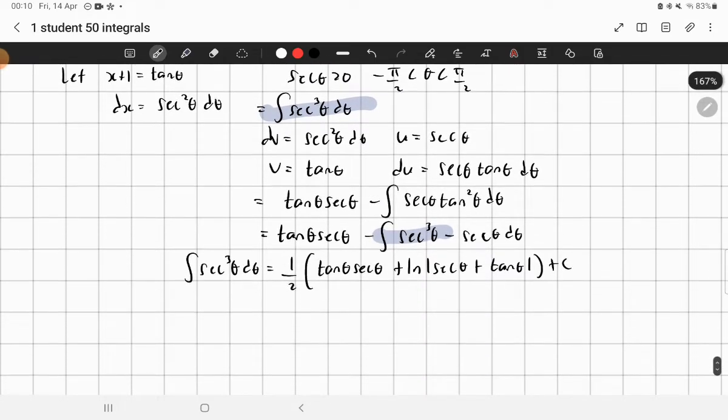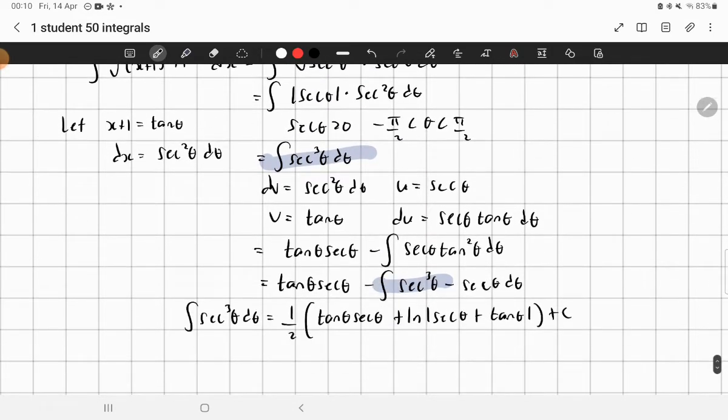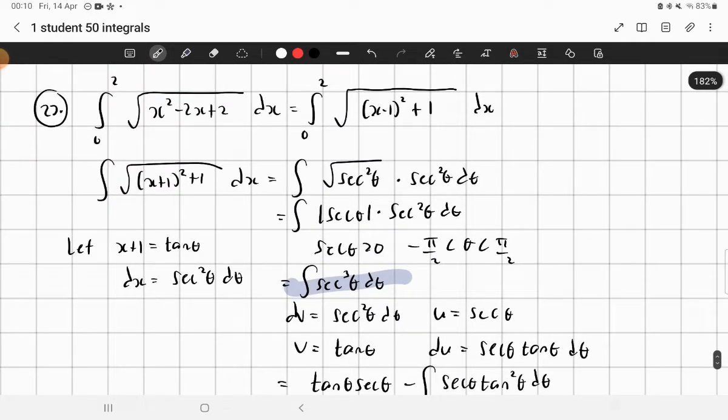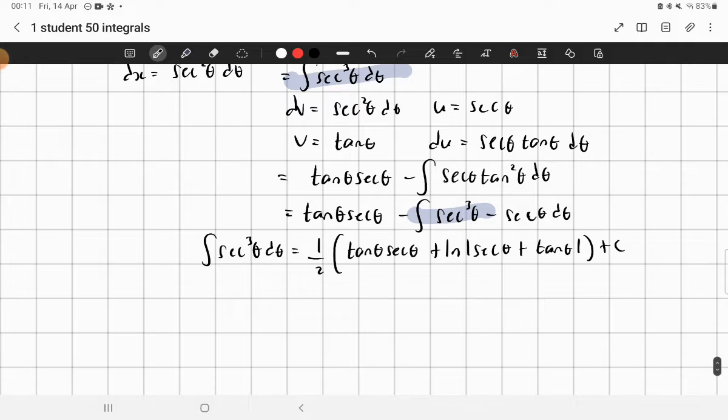Okay, so now we have to create it in such a way. Wait, can I solve this? Honestly, I'm tempted to solve it. Can't solve it directly, unfortunately. I have to keep it indefinite. So 1/2.